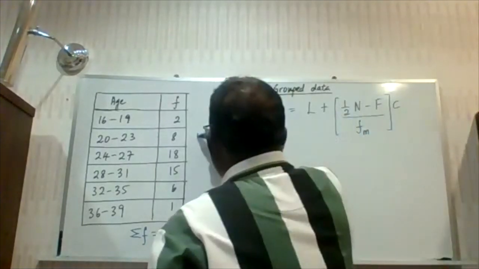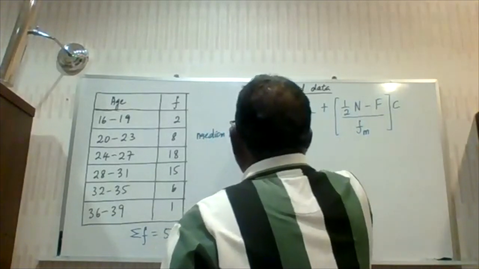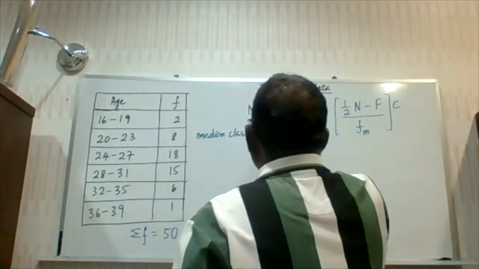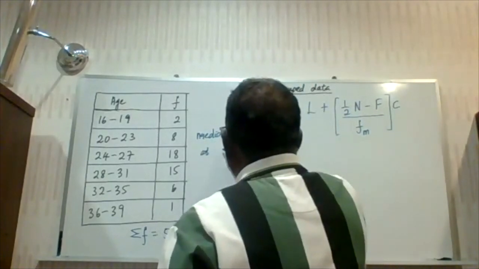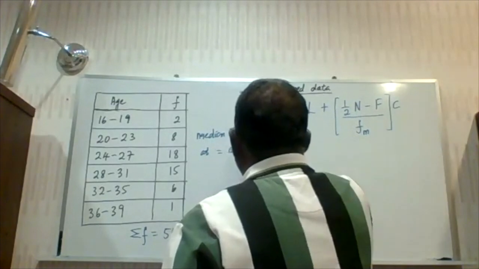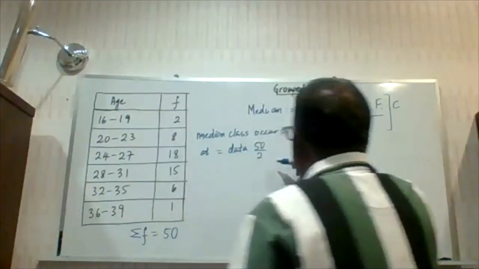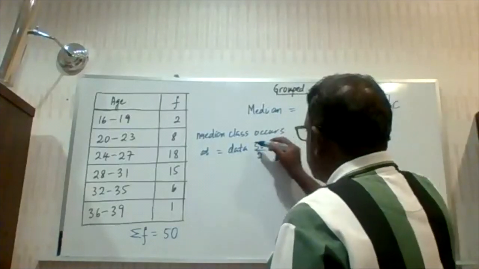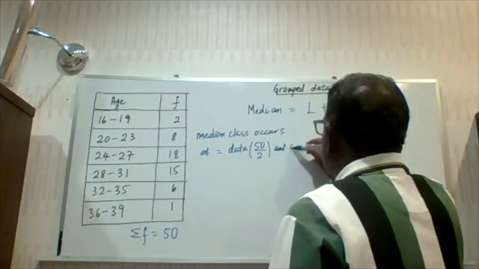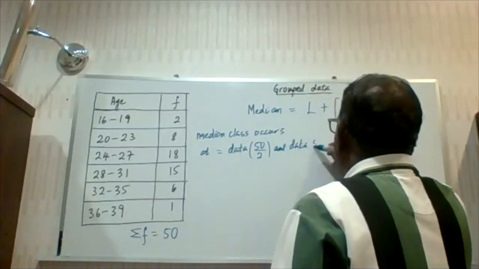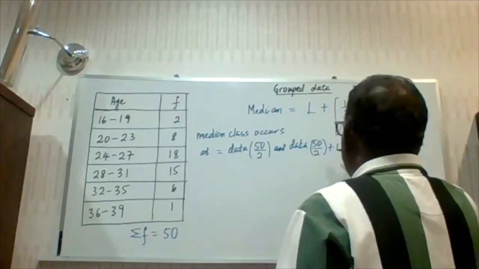The median class occurs at data 50 over 2, and data 50 over 2 plus 1.